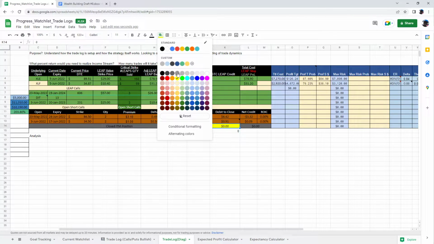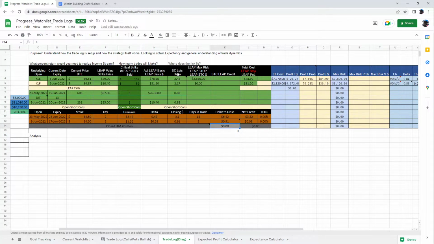I don't know if it makes sense to split them up for each individual position, have a separate log, because if you have multiple short calls on an individual position, then totaling them up would make sense. But if you total up debit to close for two different tickers, then I would imagine it'll have wrong calculations.